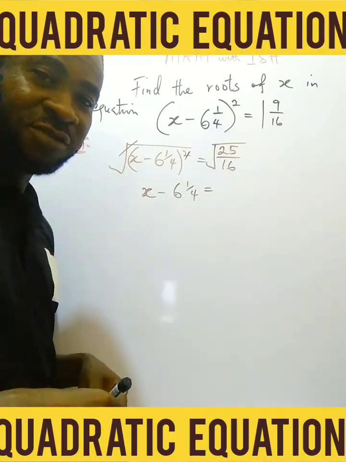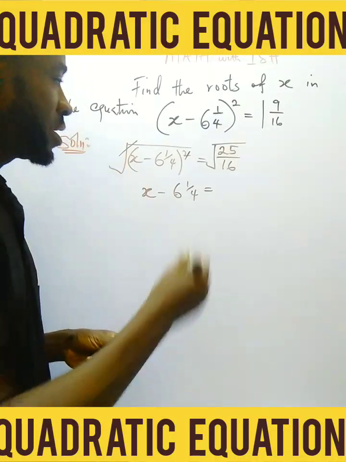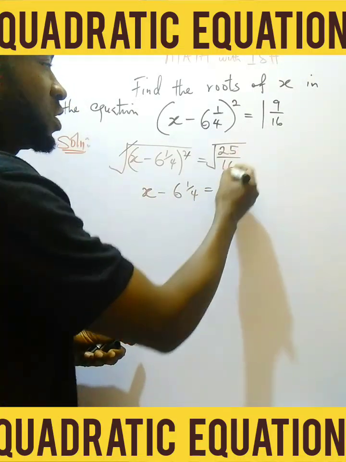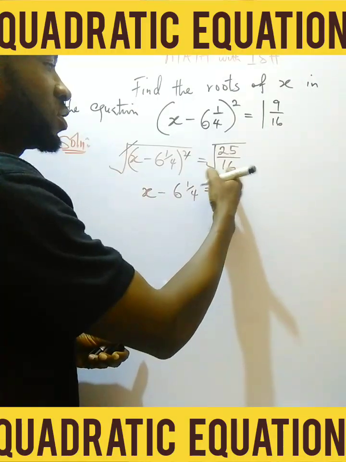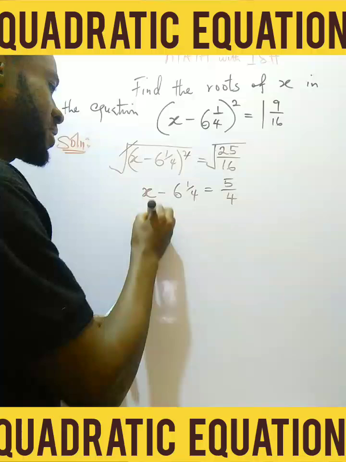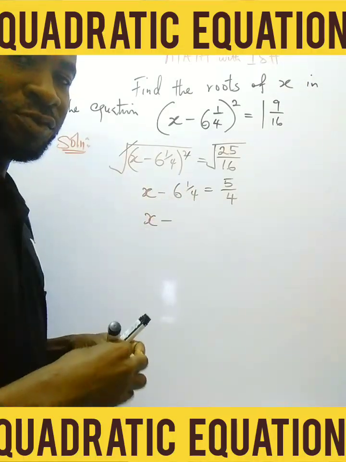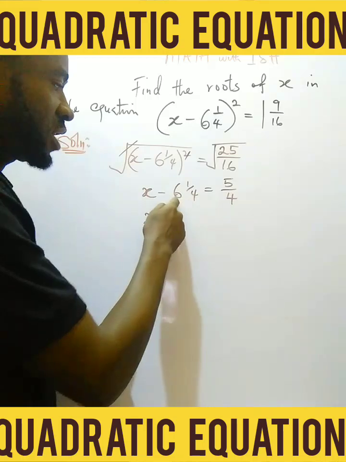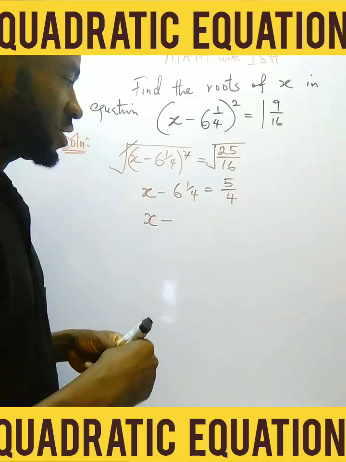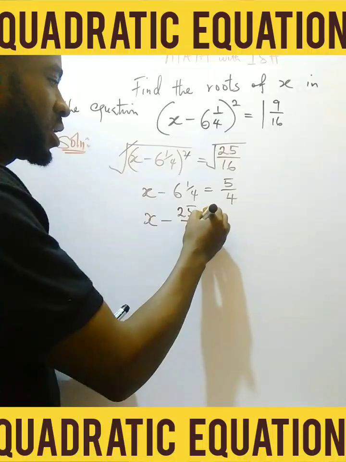That is the reason why we have to take the square root of both sides, just to get rid of the square, okay? Next, the square root of 25 is 5, the square root of 16 is 4. And then next, I'm going to transform this to improper fraction. 4 times 6, that is 24 plus 1, 25 over 4.